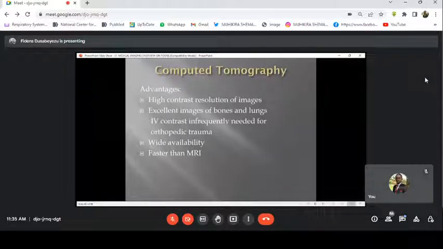And it is very fast. Scanning a chest is in seconds, less than 10, even 5 seconds. You scan the chest, the whole abdomen. But for MRI, it can take 20, 30, even more minutes, the patient lying in the machine. So that's another advantage. The CT scan is faster than other modalities.